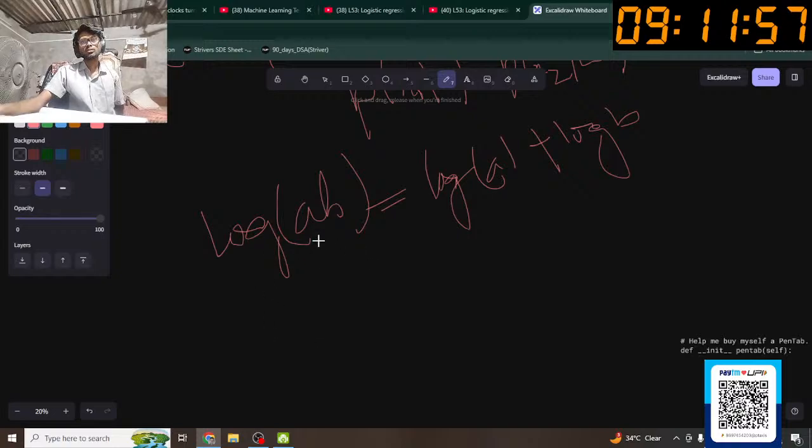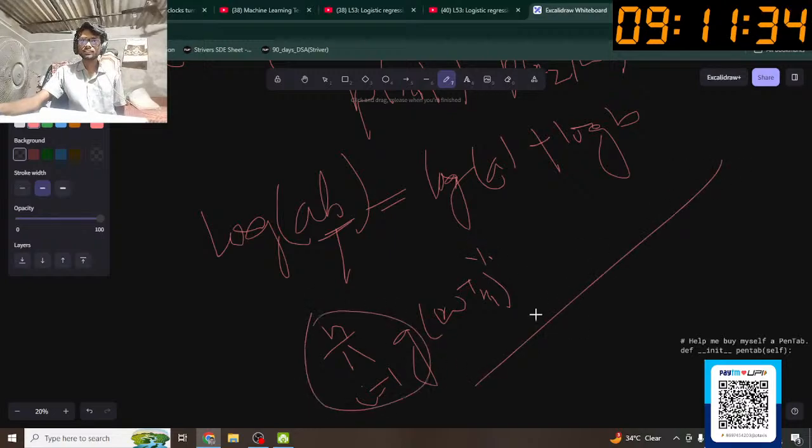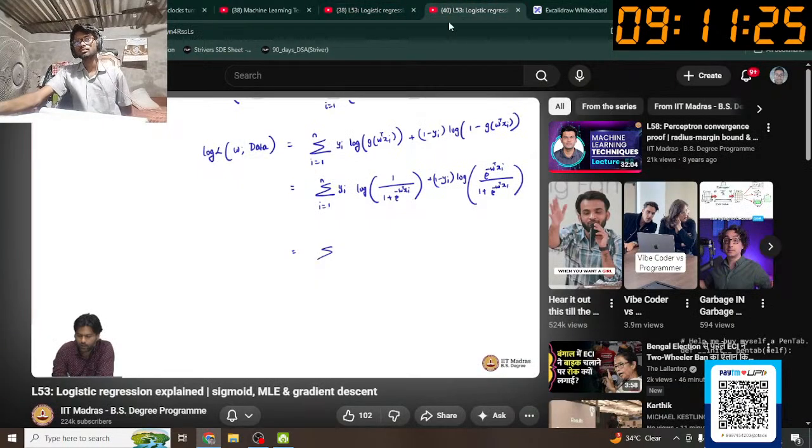So this is nothing but the product over i equals 1 to n of g of w transpose xi raised to the power yi and all the things. As they are in the product, after taking the logarithm each and every element comes in the summation form. That's all, nothing new.